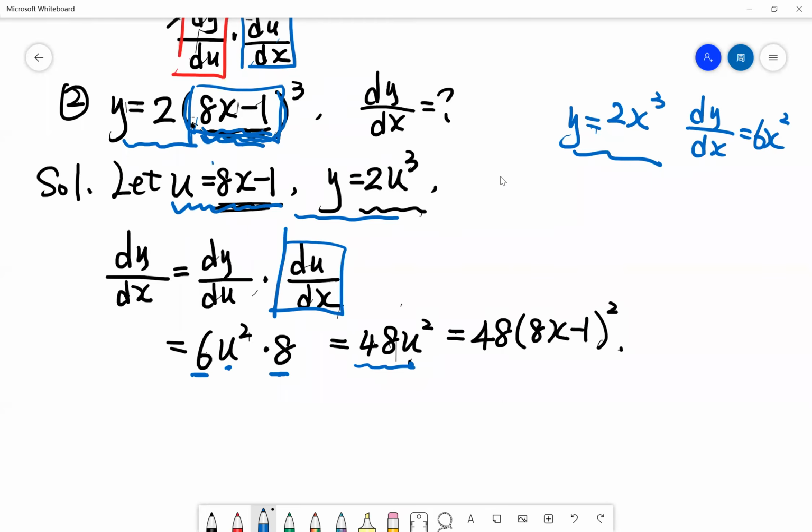Here u equals 8x minus 1, so du by dx equals d(8x minus 1) by dx, and that equals 8.